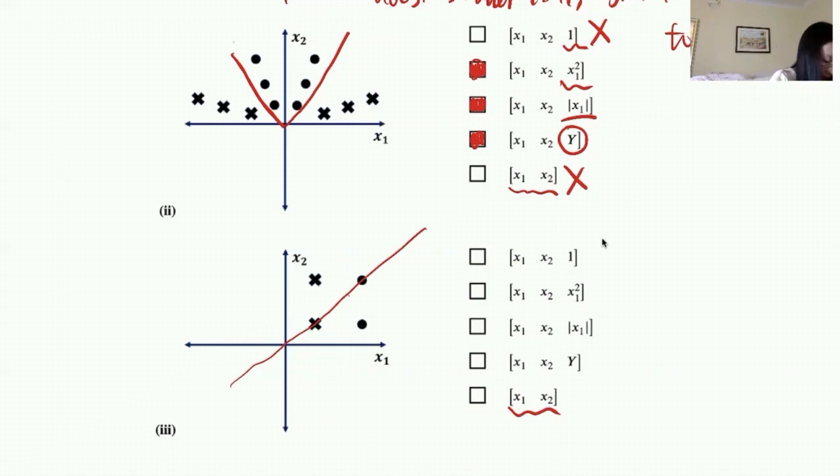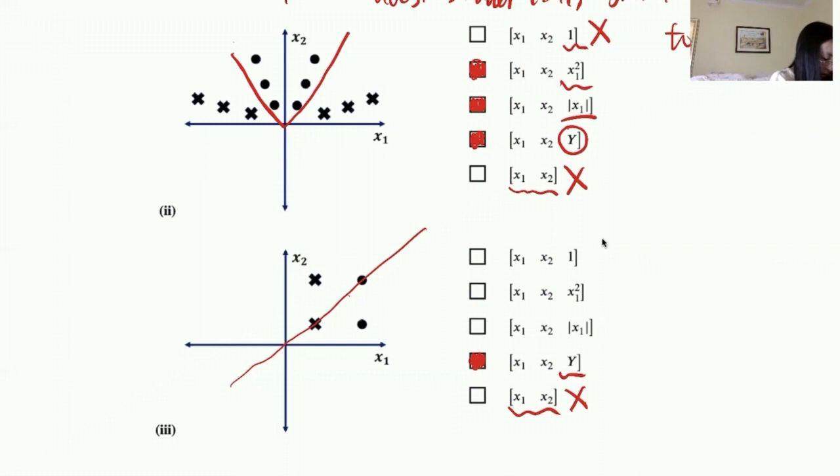So this choice is not valid. Similarly, if we add the ground truth label y, then it will be able to classify the data because y is the only thing we need to know.